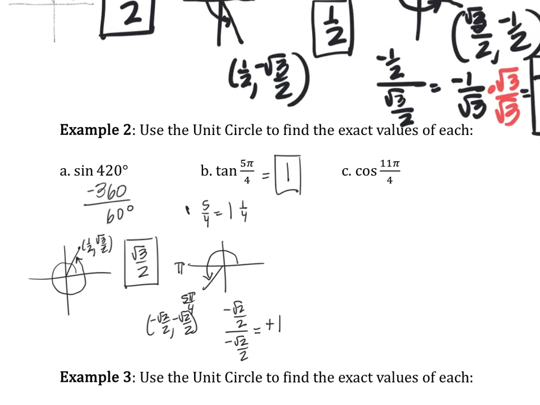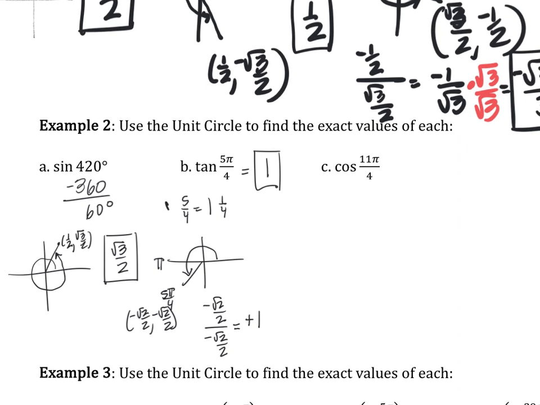Then we have cosine of 11 pi over 4. So 11 fourths, 4 goes into 11 twice. That would be 8. And if I take that away, I have 3 left. So that's like 2 pi and then 3/4 pi. So that's like 1 whole circle and then 3/4 to the next pi.